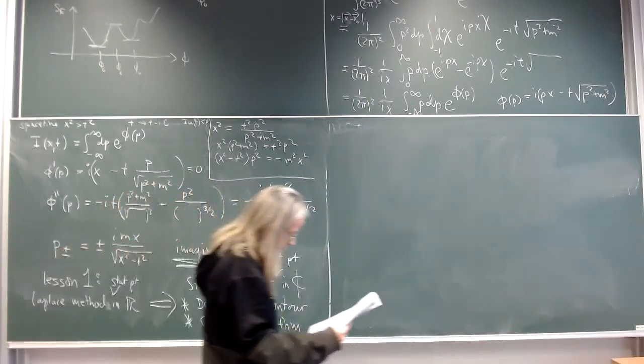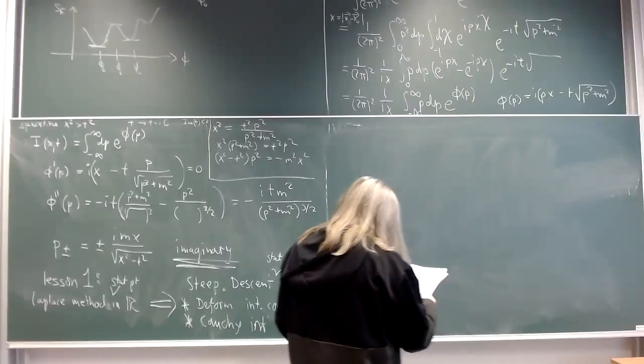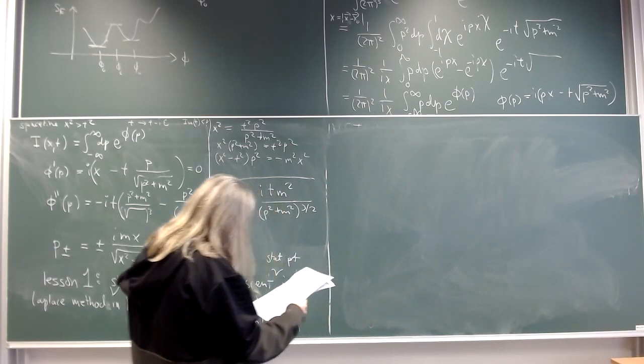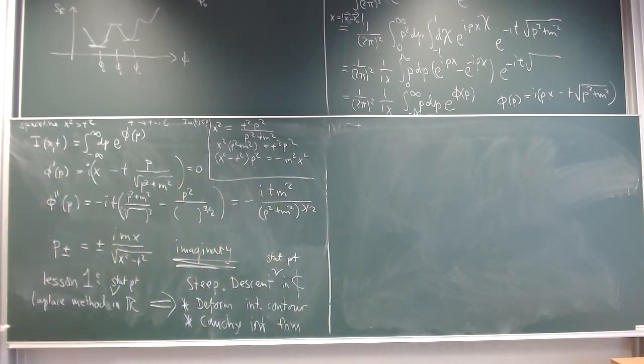Sure. Okay, so now we really need the value of the function, the classical value at these two stationary points. We need the value of phi, and we need the Hessian.